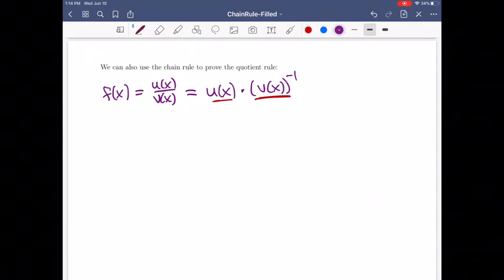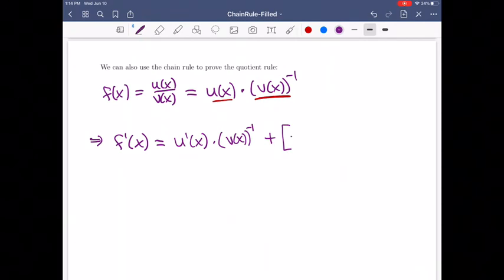Then f prime of x is going to be the derivative of the first one, so u prime of x, times the second one as it was, so that's v of x to the power negative 1. And then I want to add the derivative of the second one. The outer derivative is minus 1 times v of x to the minus 2, and then I multiply by the derivative of the inside, so that's v prime of x.